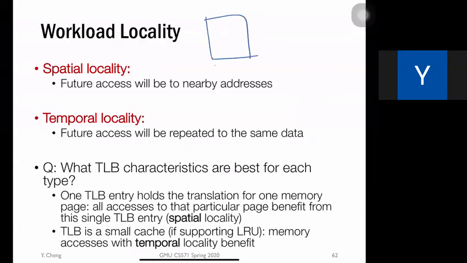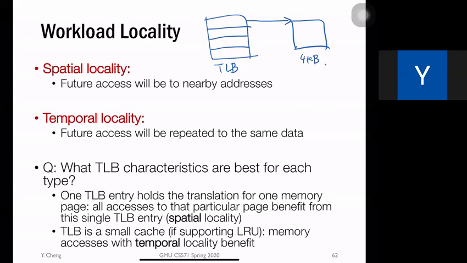Let's say this is a TLB. Let's assume it has just 4 entries. Each entry is mapped to a large memory page, let's say of 4 KB. So that means each and every small TLB entry gets mapped to a 4 KB page.